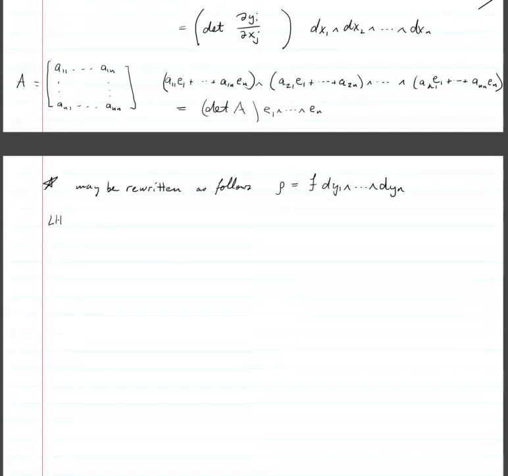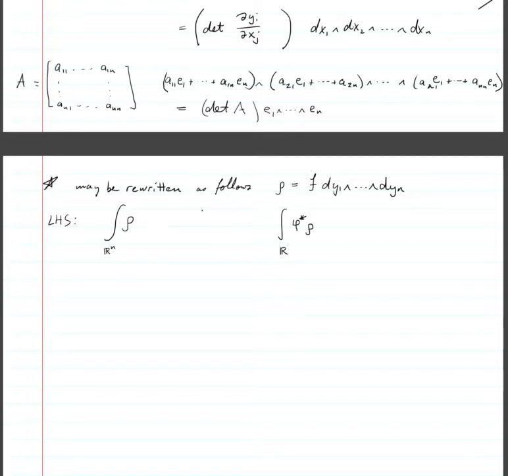So the left-hand side we'll interpret as the integral of rho on Rn, where rho is given by this, and the right-hand side is the integral of the pullback of rho.